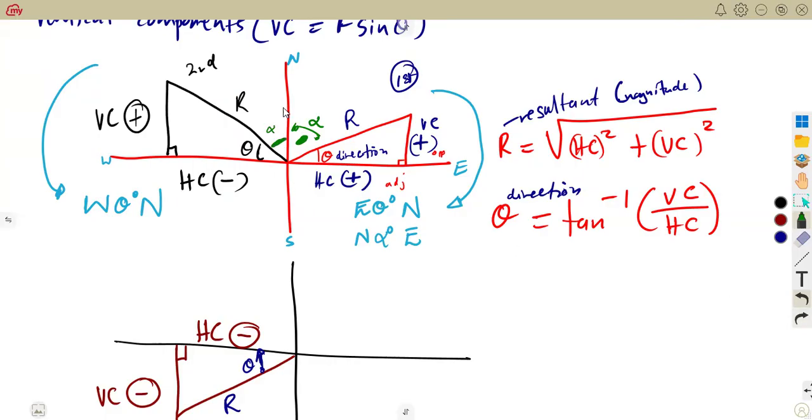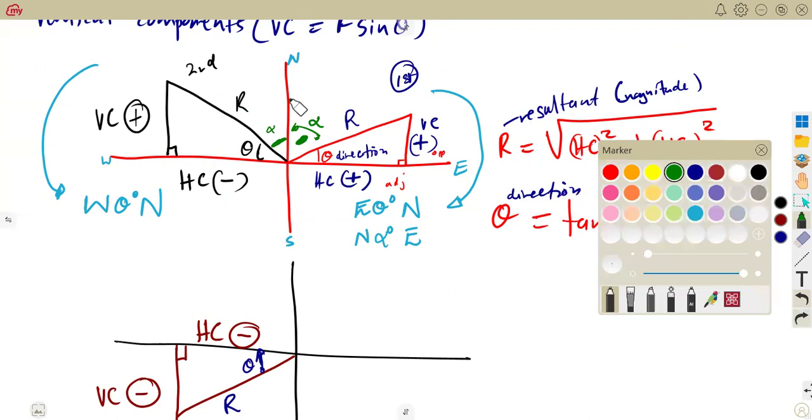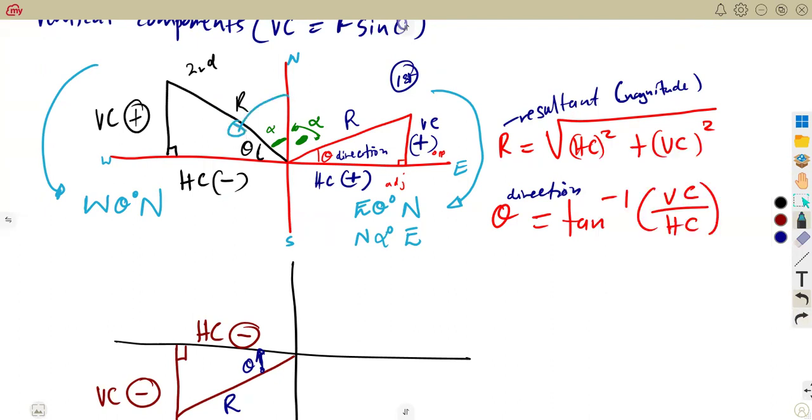So it's north going to the west, it is going to be north alpha degrees to the west. So this is the condition of your direction when your answer is in the second quadrant.